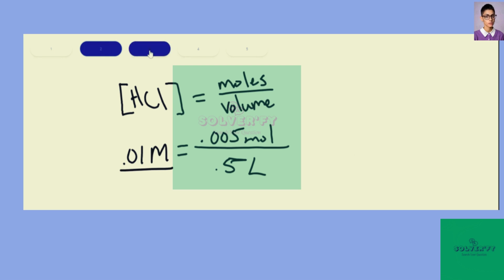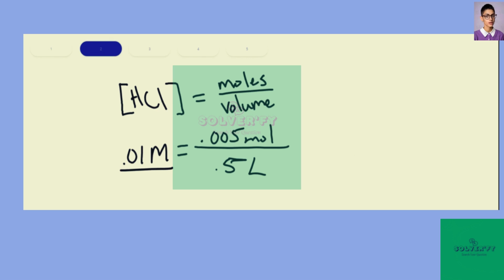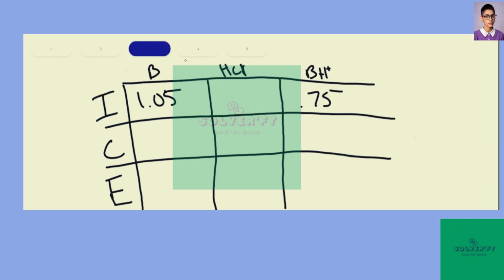Now what we do is we take that, and I've already prepared this, we make an ICE table, and the I stands for initial, the C stands for change, and the E stands for equilibrium. So we go back here, it equals 0.01 molarity, so we put that in here because that's the initial.